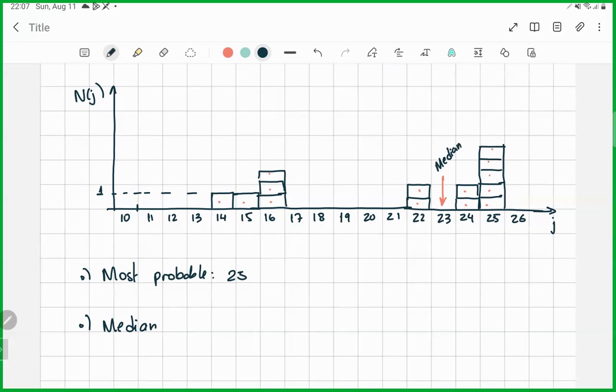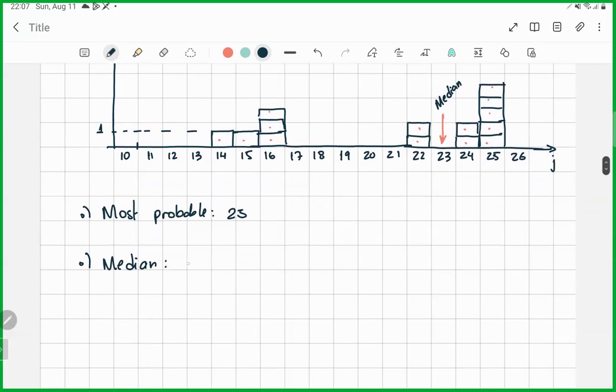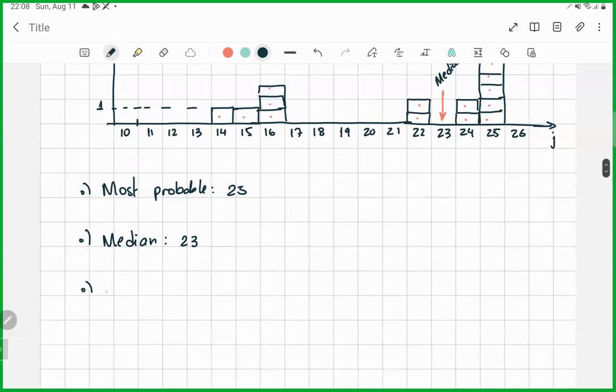Well, the median, most probable, these are concepts that exist in statistics. These are not the ones that we'll be using the most. Actually, we are not going to be using them. What we are really going to be using a lot in this course, quantum mechanics, is another concept, which is average.